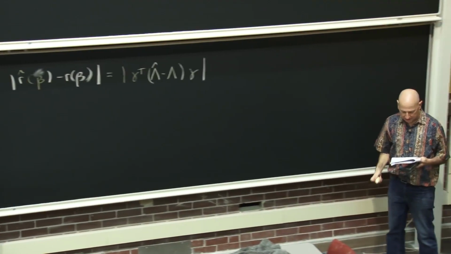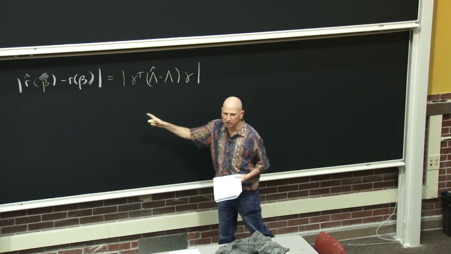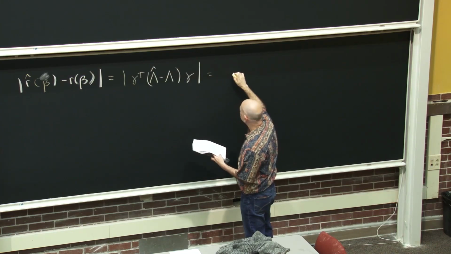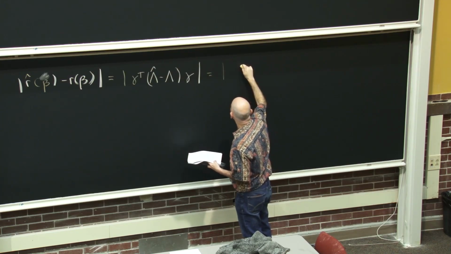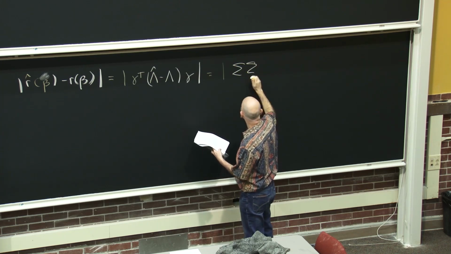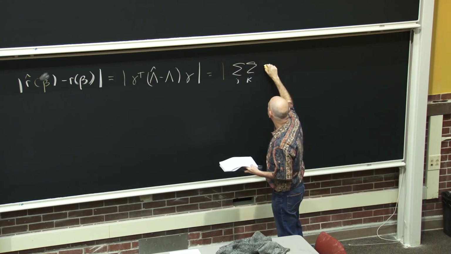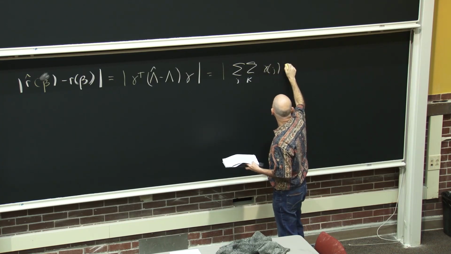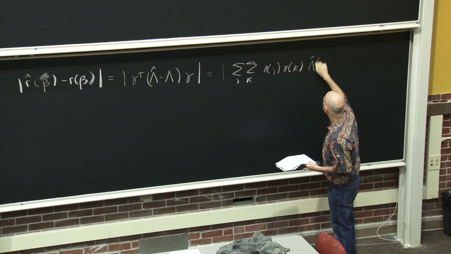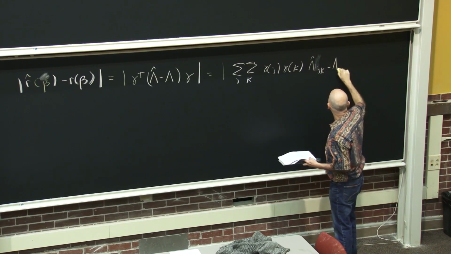Okay. And what is that? Let's just actually write out what this is. This is a quadratic form, so it's a double sum. So this is actually the double sum over j and k of gamma j, gamma k, and then lambda hat. I'll just write the jth, kth element this way.